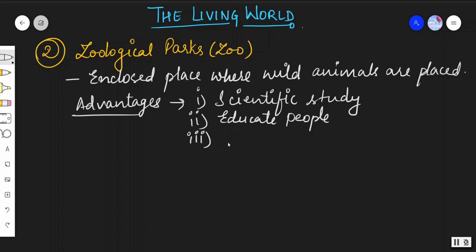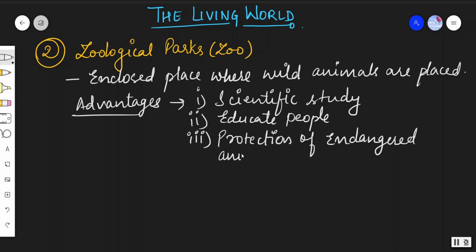And more important, it provides protection of endangered animals.